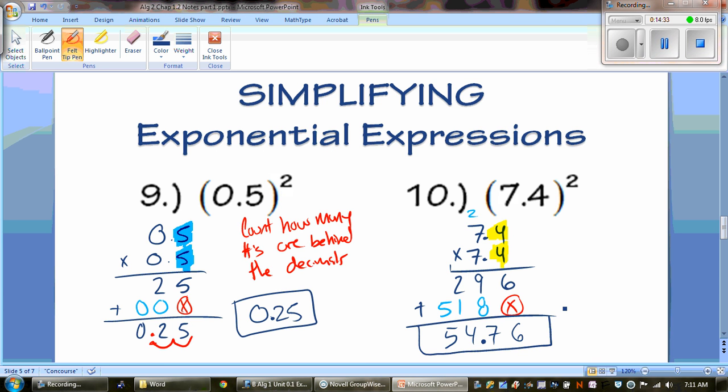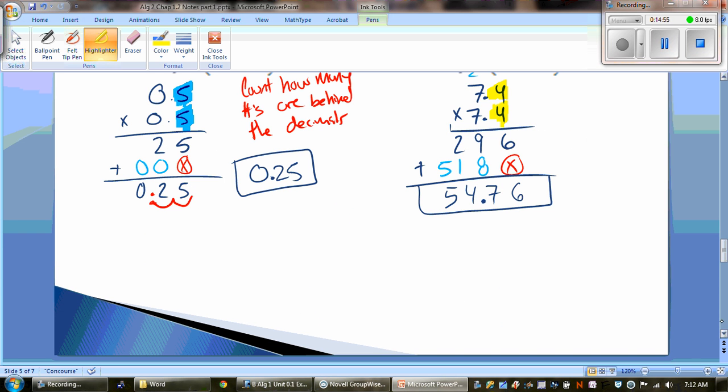Okay? Now, in your heads, you can kind of think that, well, this is pretty close to 7. So 7 times 7 is 49. So our answer should be a little higher than 49, but less than what 8 times 8 is. 8 times 8 is 64. And 54.76 is right in between there. So we did it.